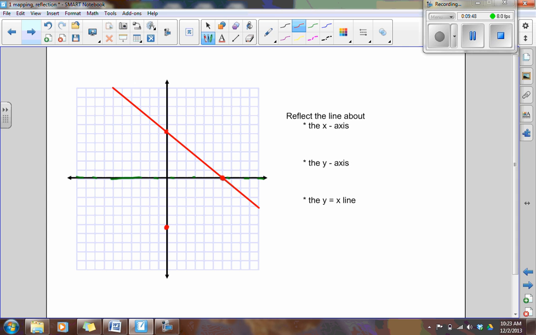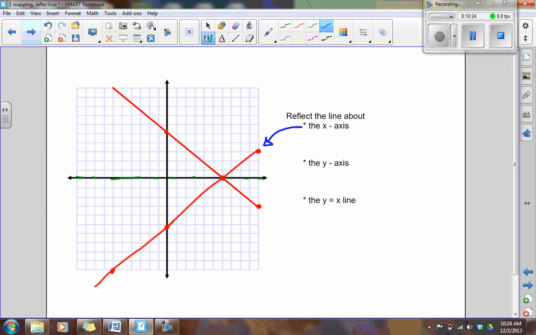This point here is 3 down, so it'll be about 3 up, and so on. Then we can connect the points. Okay, so that's our reflection in the x-axis.